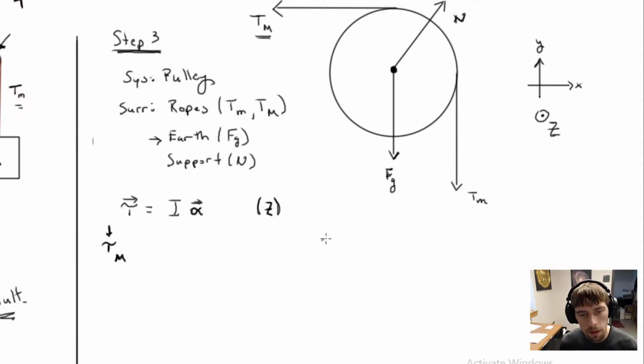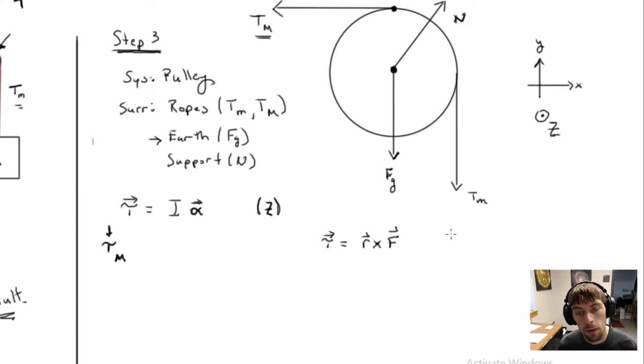And remember, how do I calculate this using vectors? It would be r cross F. I have a cross product, and I'm going to apply the right-hand rule to get the direction. R is the distance from the rotation point to the point of application of the force.